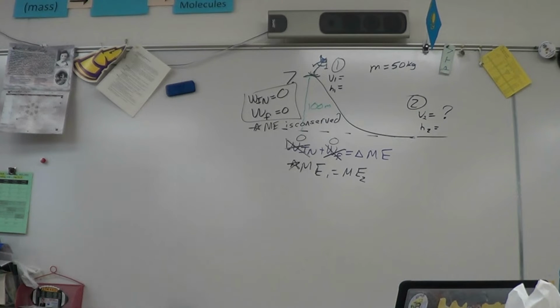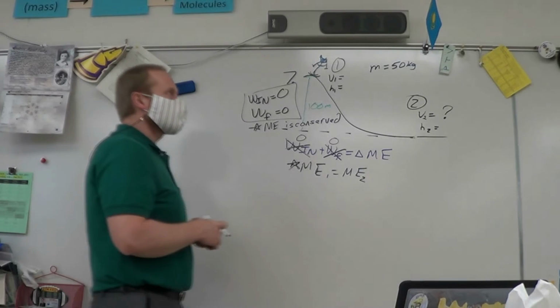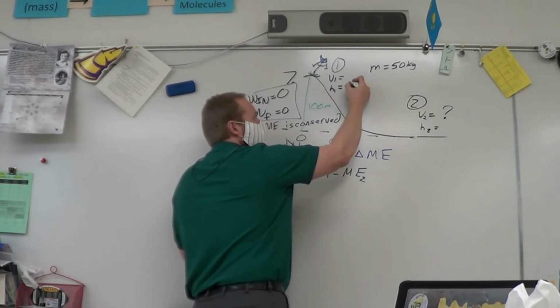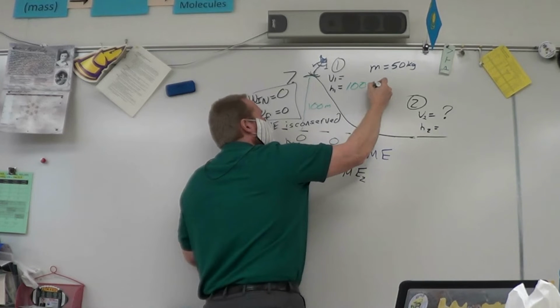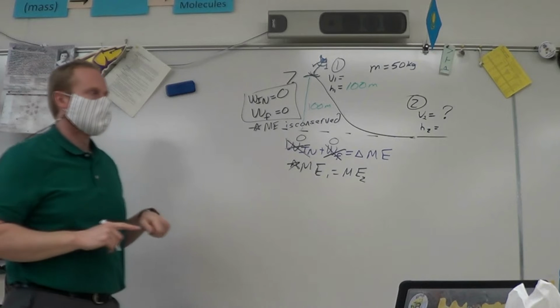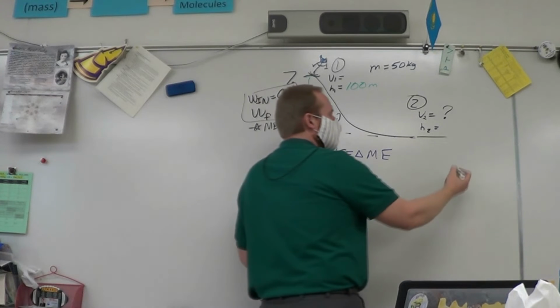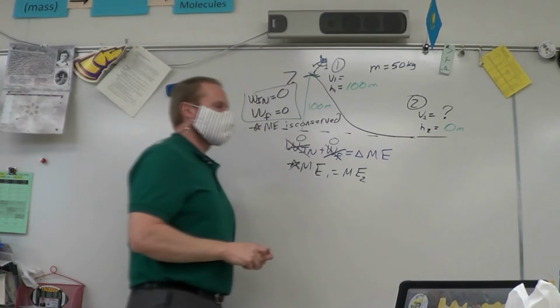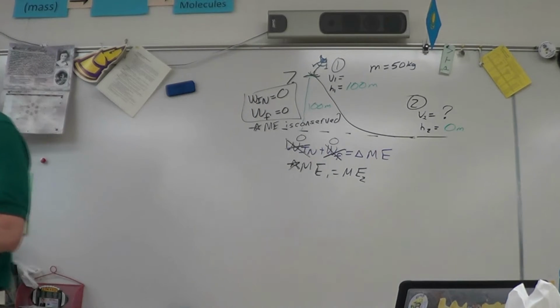So what's my H1? Let's start there. 100. It's 100 meters. If my H1 is 100 meters, then my H2 needs to be 0. I've referenced the fact that height is relative.